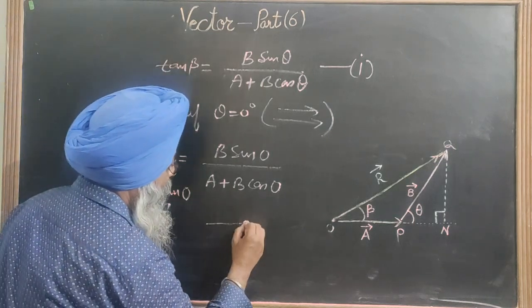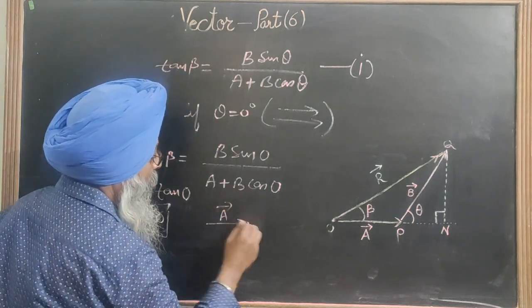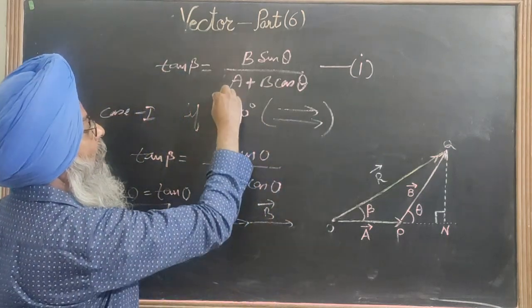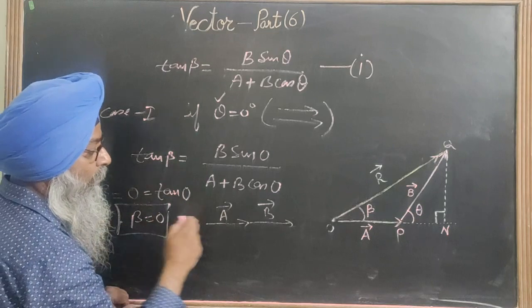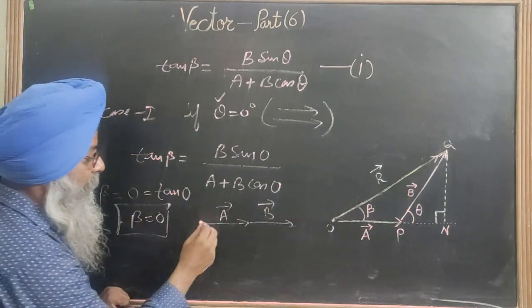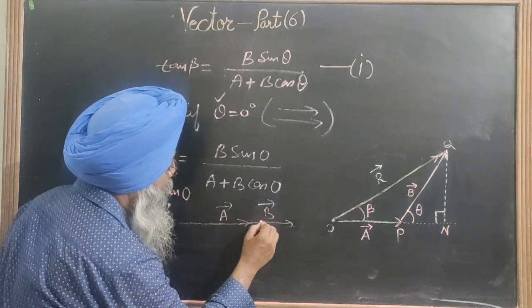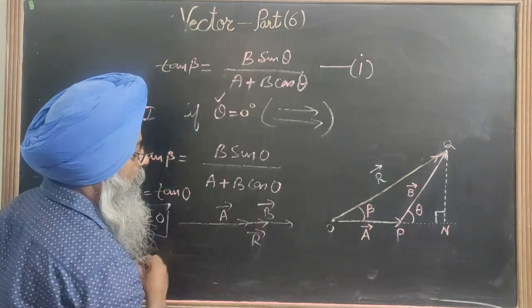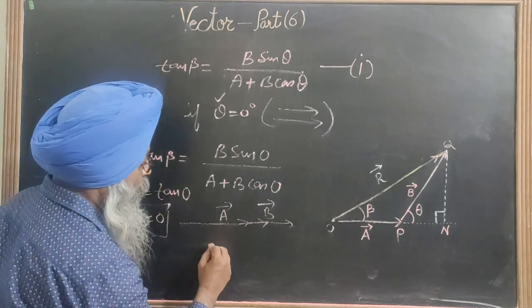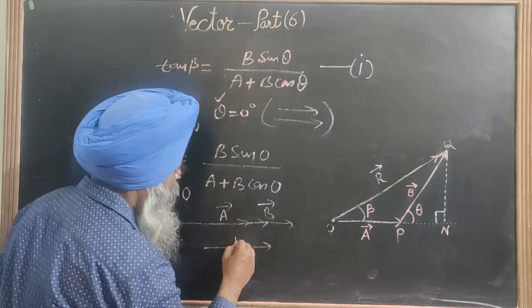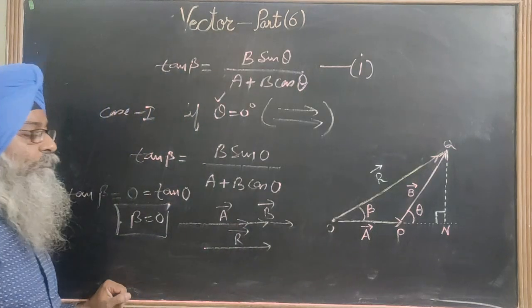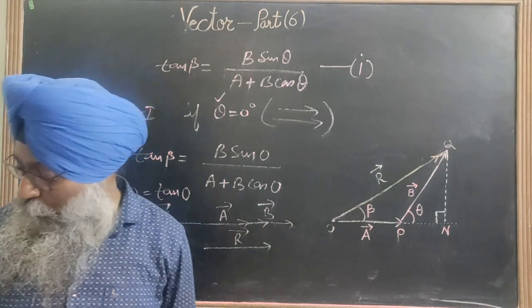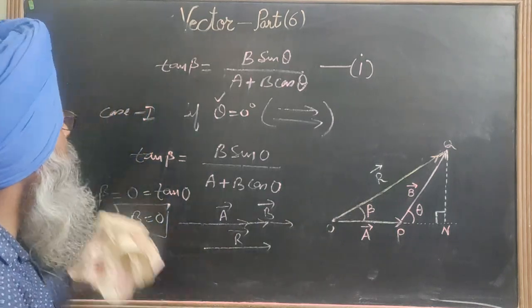Like this, if here is a vector A and here is a vector B, they are in the same direction because the angle between them is 0, then beta 0 means the resultant vector will also be along the same direction. You can also write here like this: if A and B are parallel, then the direction of R is also along the direction of A and B.